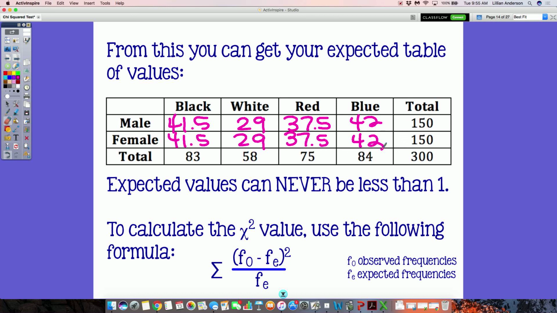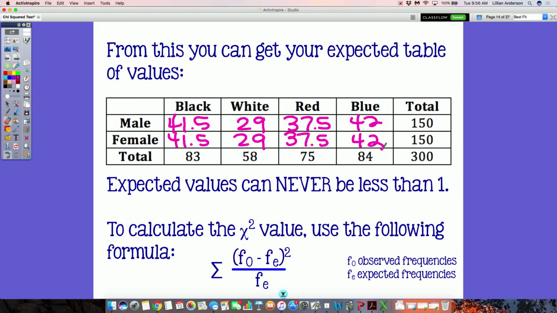Now the formula to calculate the chi-square value is the following. You take your observed frequency, subtract it from its corresponding expected frequency, square it, and then divide it by the respective expected frequency. And you do that for every single entry and add them up. So that's what we're going to do.